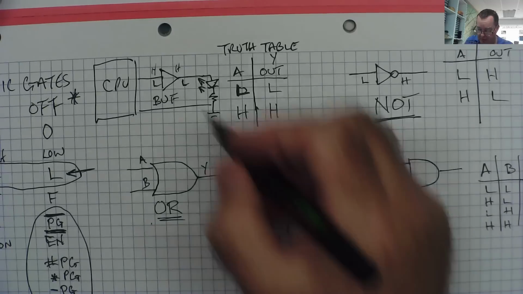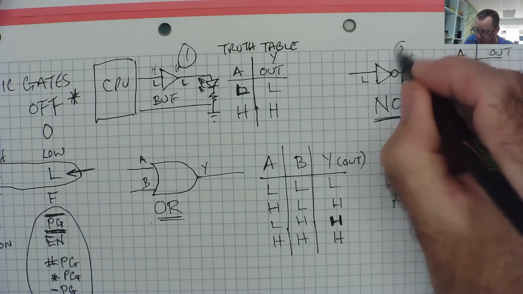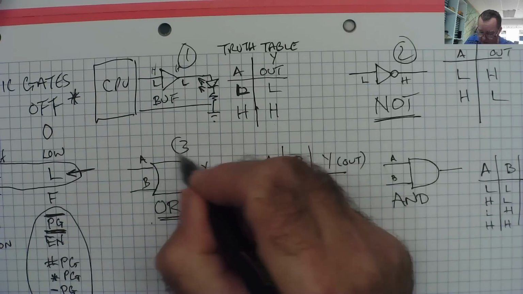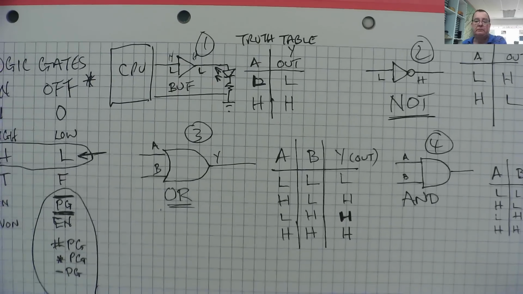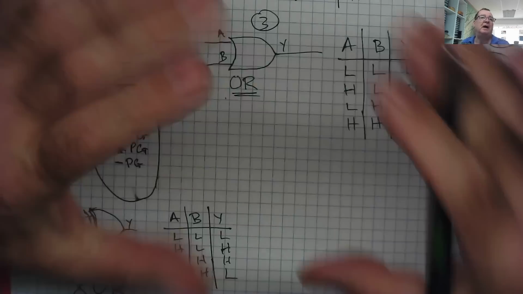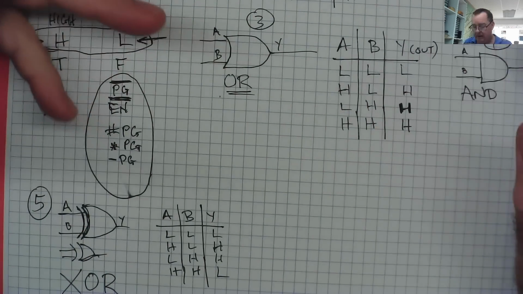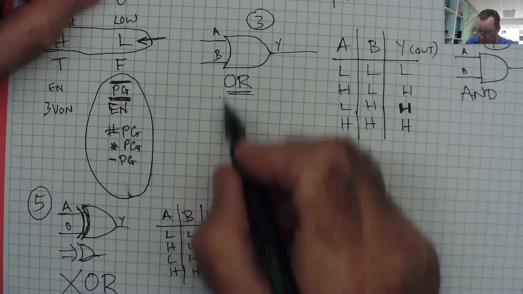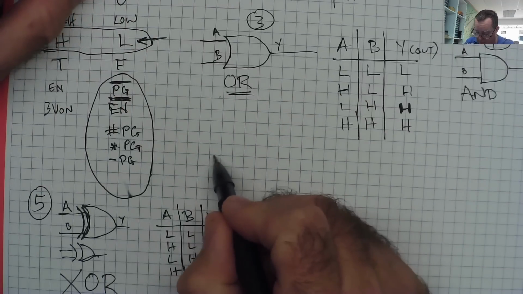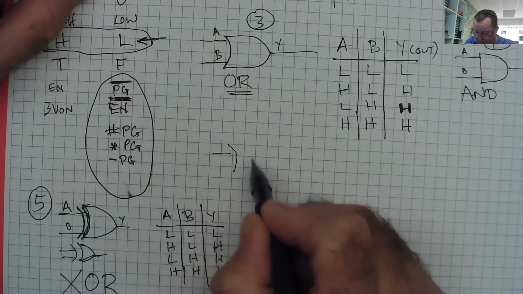We have the buffer 1, we have the NOT gate 2, we have the OR gate 3, we have the AND gate 4. Okay. These ones are kind of combinational ones now, but they are used so often they are gates in their own right. So this one is a XOR gate.